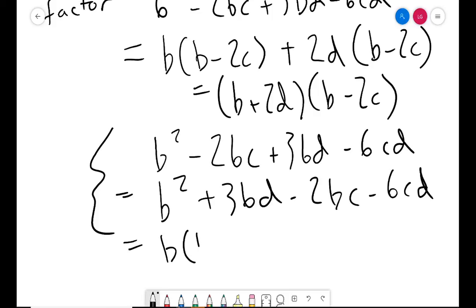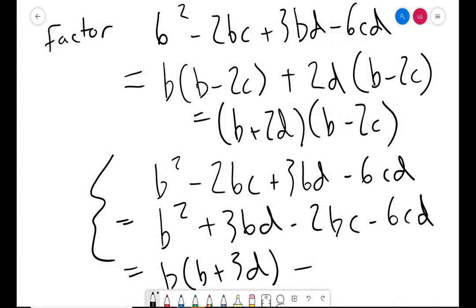Now let's do some grouping. I'm noticing a mistake in the previous work there.